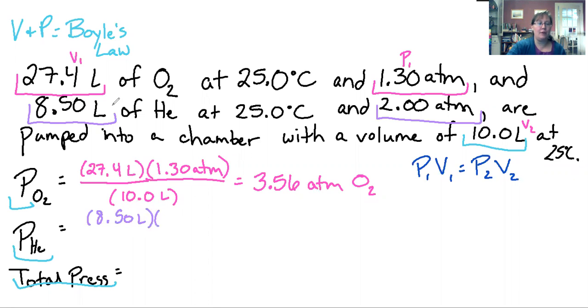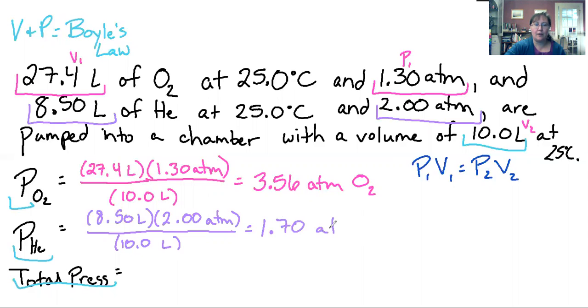So we have 8.5 liters of helium and 2 atmospheres. And our final volume is again just this 10 because it's going into the steam chamber. So now I have 8.5 times 2 divided by 10, and that gives me 1.7 atmospheres of helium.